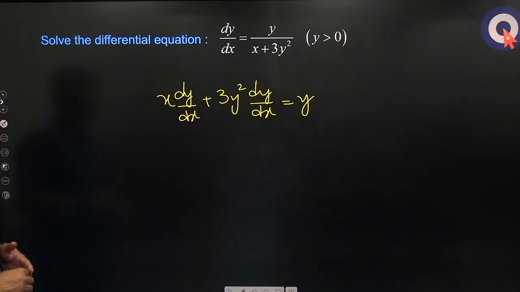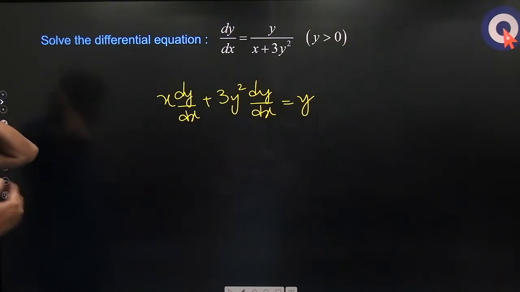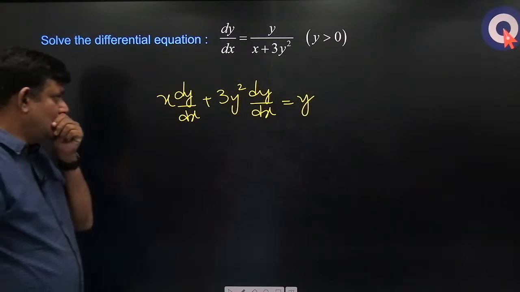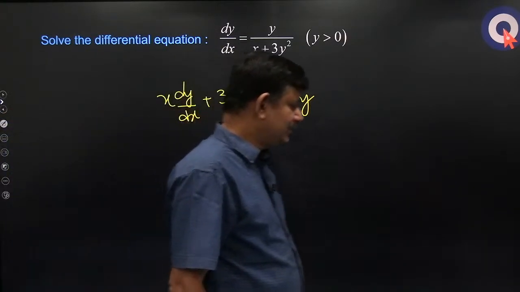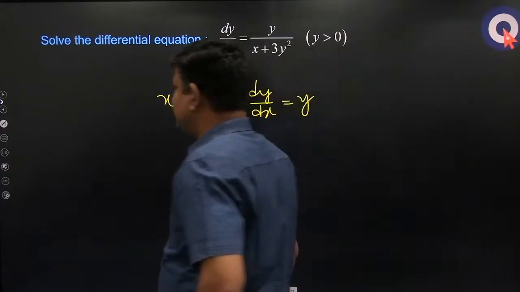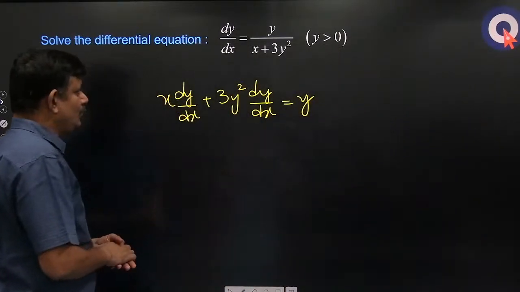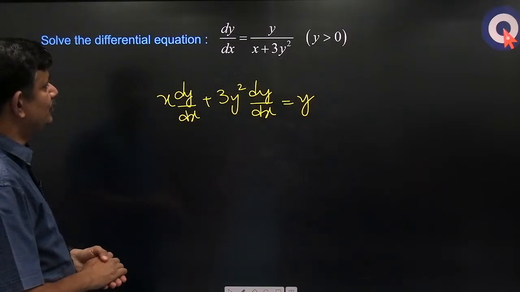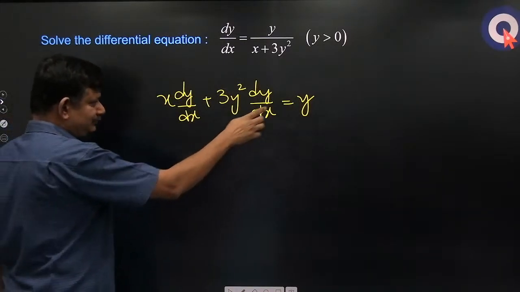Yes or no? Now y has complicated functions, so we will keep x like this. I'll multiply throughout by dx by dy. So what will it become?